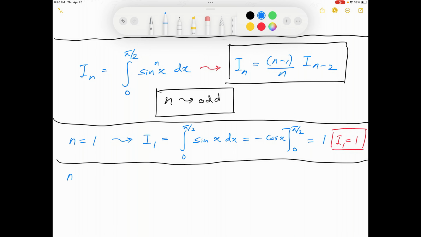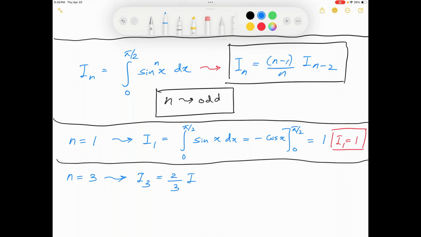In the next step, I'm going to use n equals the next odd number, 3. If n is equal to 3, now I'm going to use this reduction formula. When n is equal to 3, I sub 3 will be equal to, once again, look at this right hand side, n minus 1 over n.